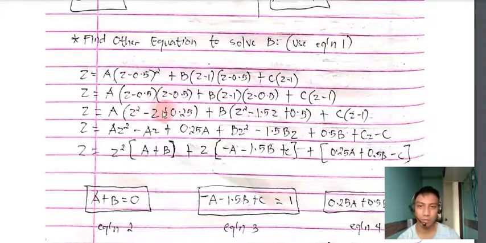So we came up with z squared minus z plus 0.25, plus B multiplied by z squared minus 1.5z plus 0.5, plus C multiplied by (z minus 1). Okay, so we distribute it. Same goes here, distribute B. Same here, C, distribute. So we came up with this equation.